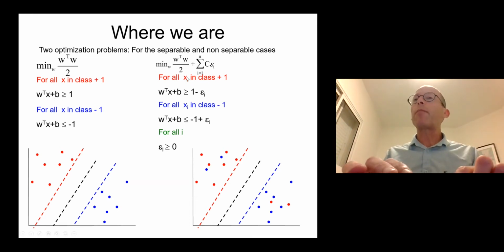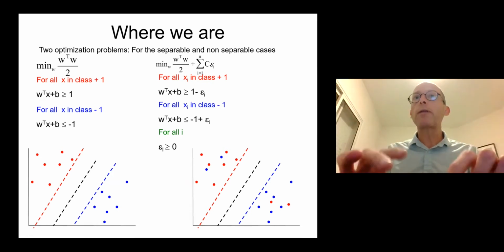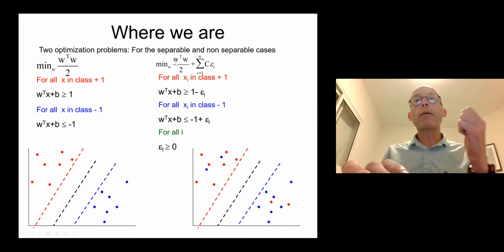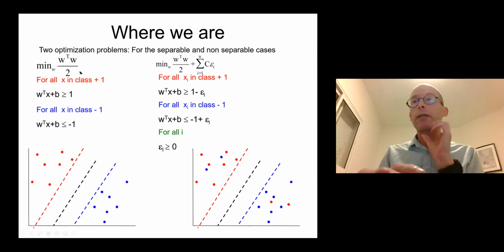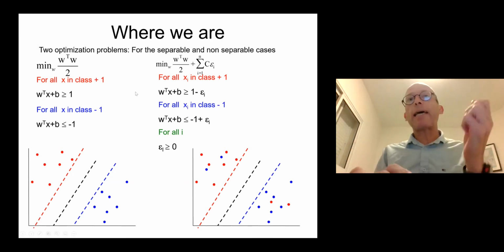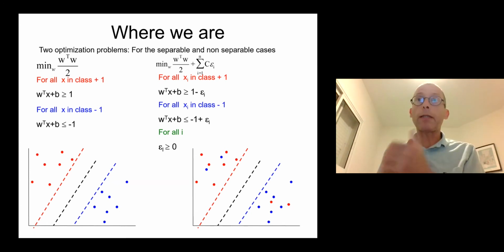Here, the number of parameters is the number of features, and epsilon is also an unknown, so it's also the number of samples. So the number of parameters here is the number of features plus the number of samples, and here it's just the number of features. But in both cases, the number of features is part of the parameter set, right? I mean, in both cases, we have W.